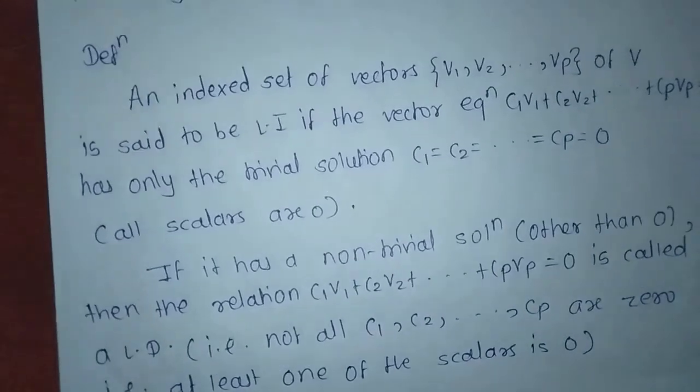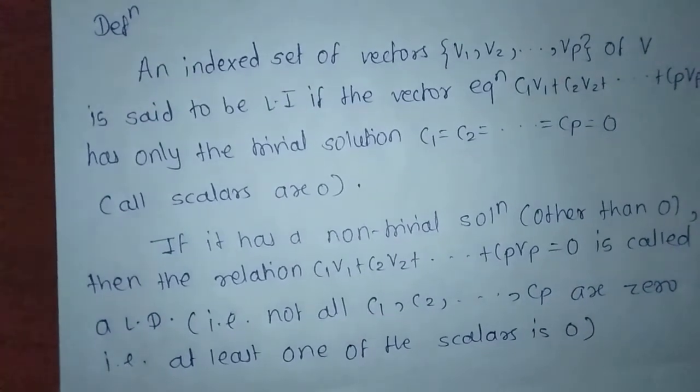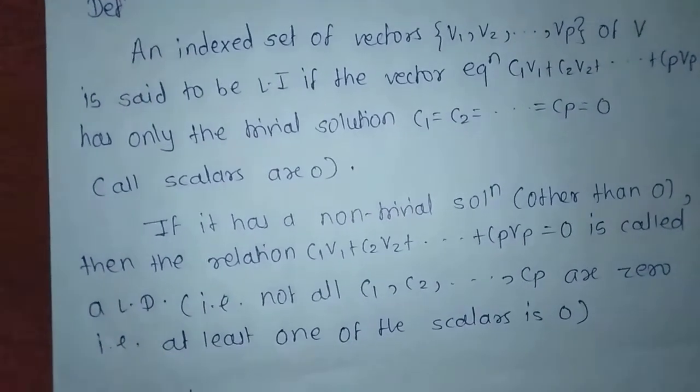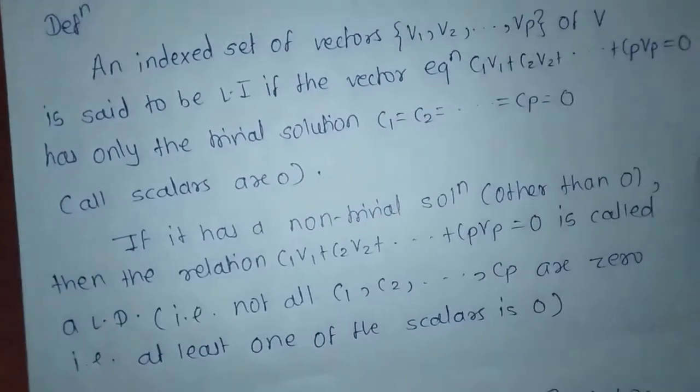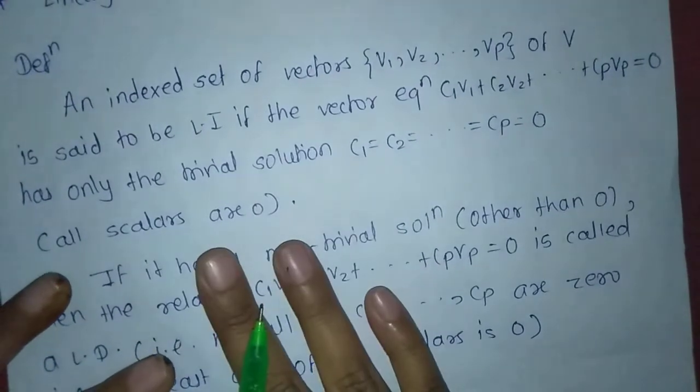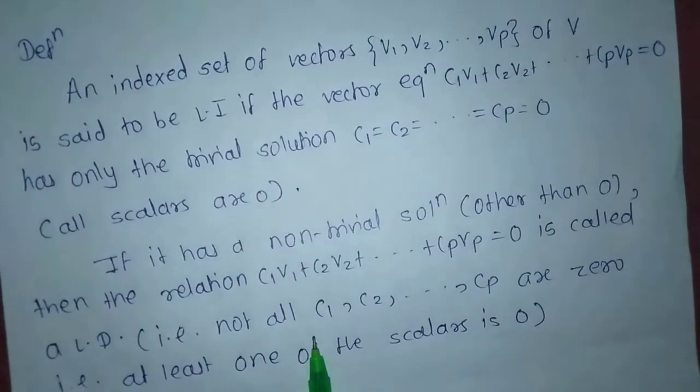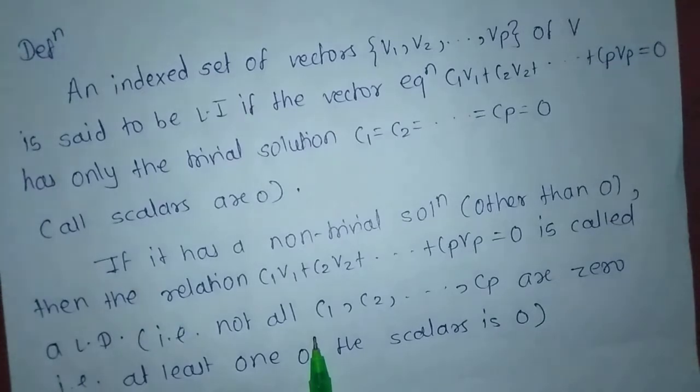Next point, linearly independent sets and bases. Definition. First, recall that we have defined linear independence in the special vector space Rn in matrix algebra.